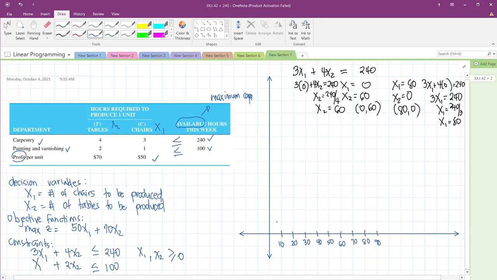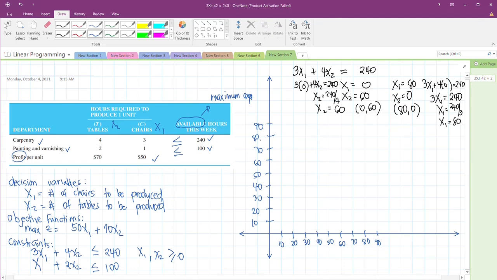Then here, 10, 20, 30, 40, 50, 60, 70, then 80 and 90. You should have graphing paper so the intervals per number are the same.